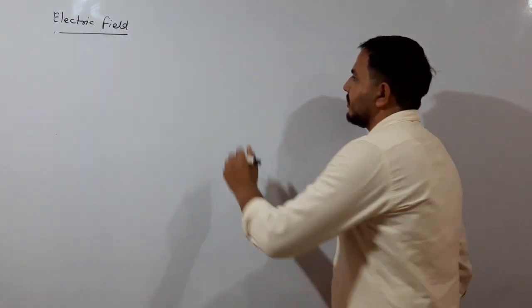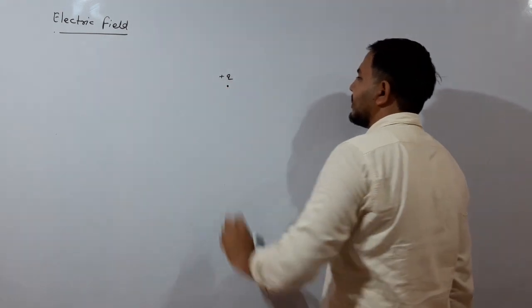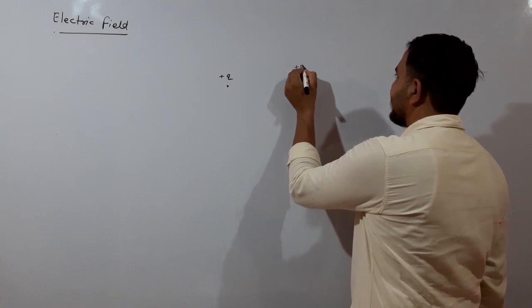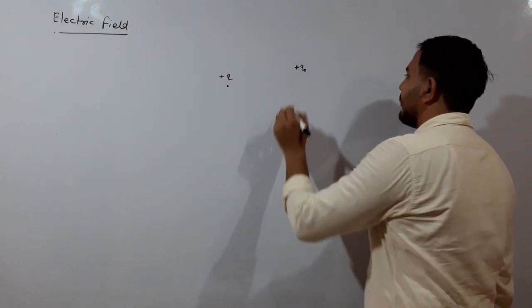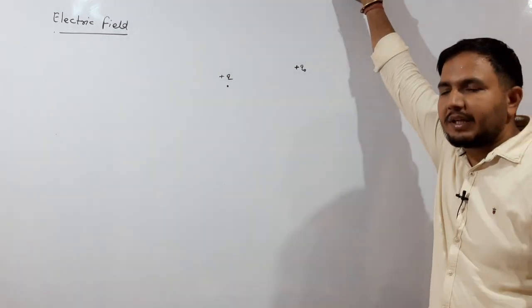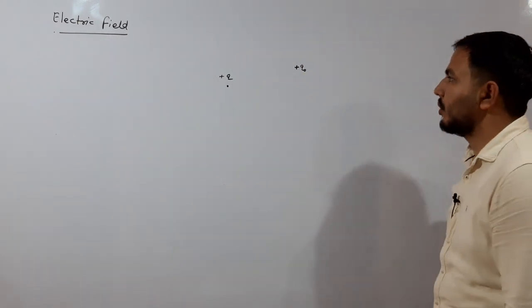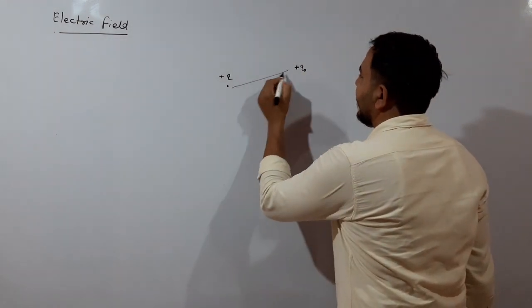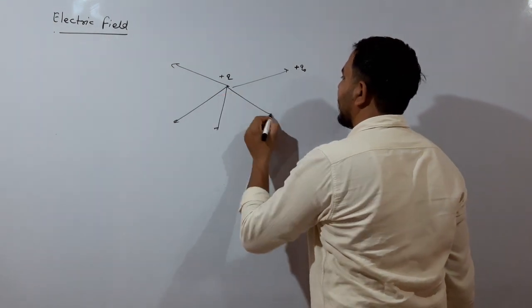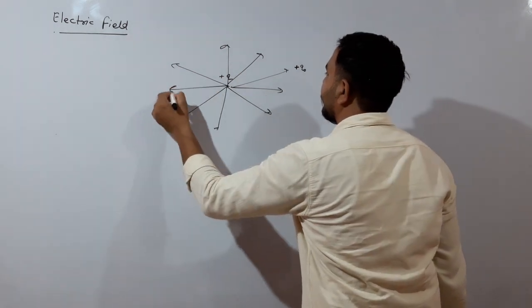Electric field is a field around a charge where, if any test charge is brought, then this test charge feels an electrostatic force. So the surrounding area of a charge is called electric field.